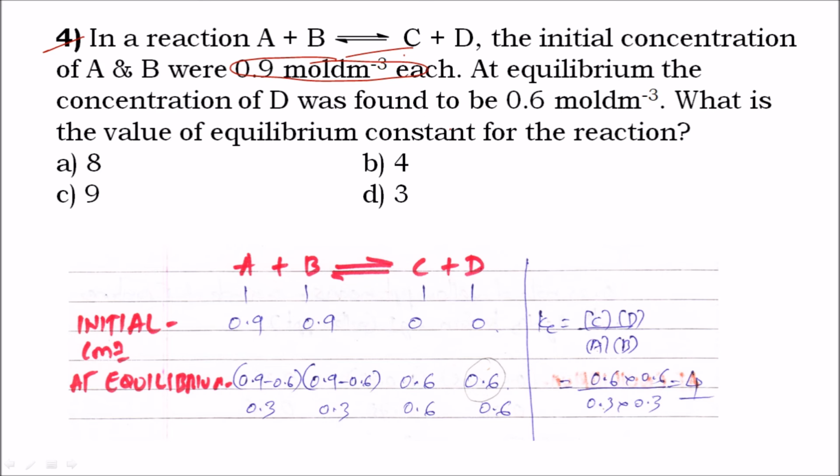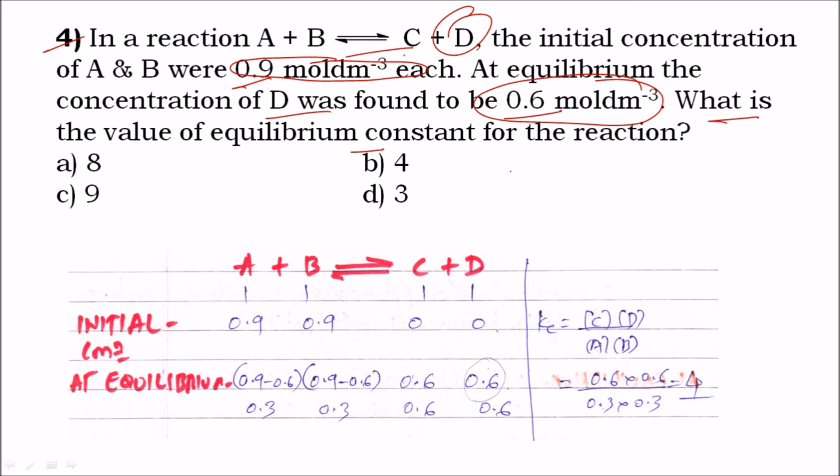The concentration of A and B is the same. At equilibrium, the concentration of D was found to be 0.6 mole per dm cube. D is one of the products. Now what is the value of the equilibrium constant?